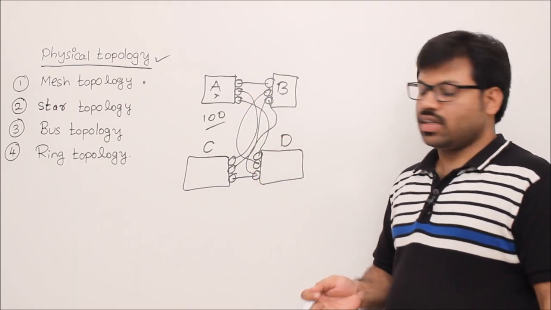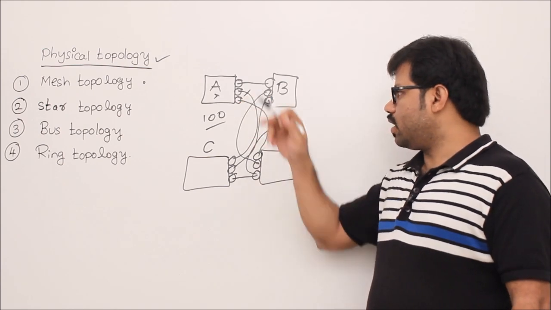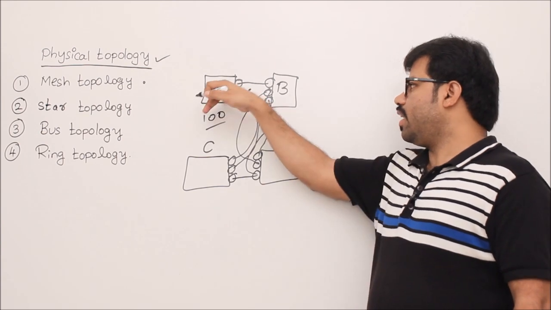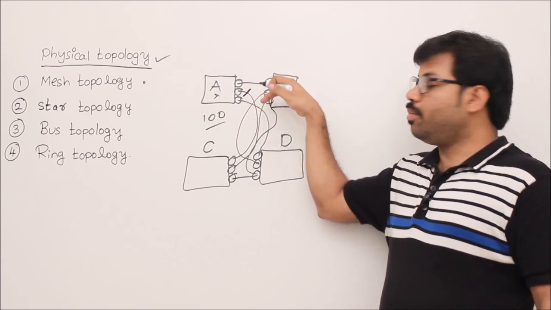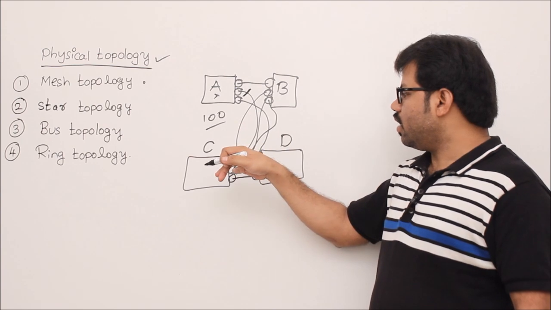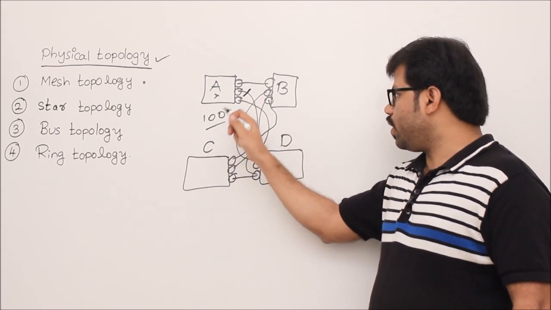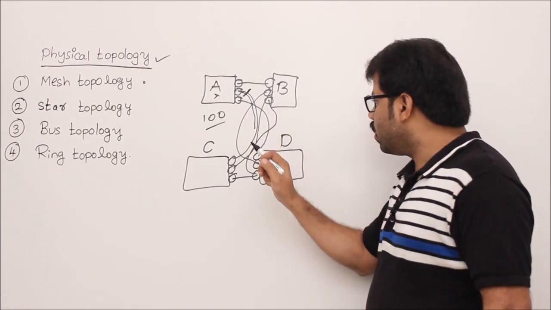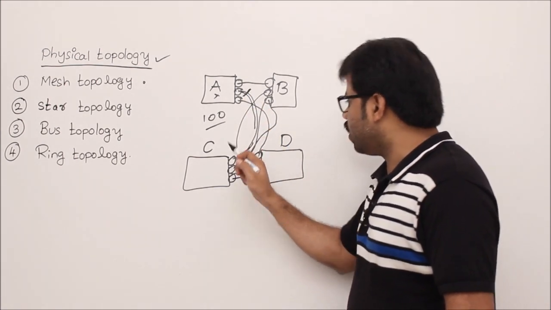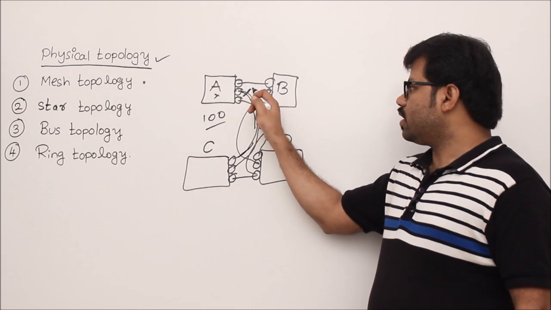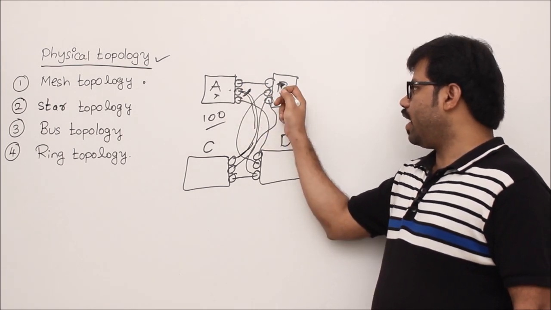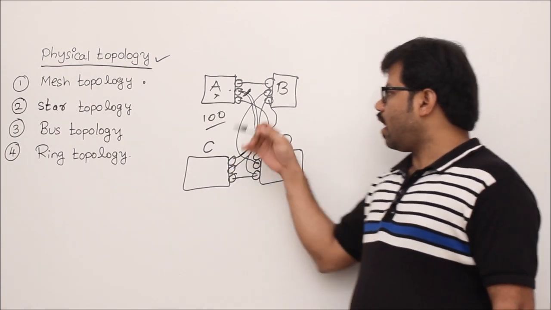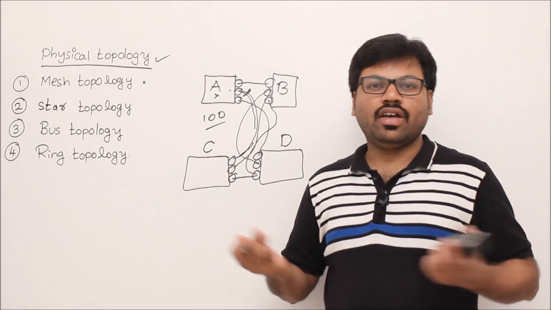What's the advantage? If one line breaks, still A can send a message to B and B can pass that to C, correct? Even if that communication is gone, A will still be able to send it to B and B will send it to C. In that way, we always have reliability.